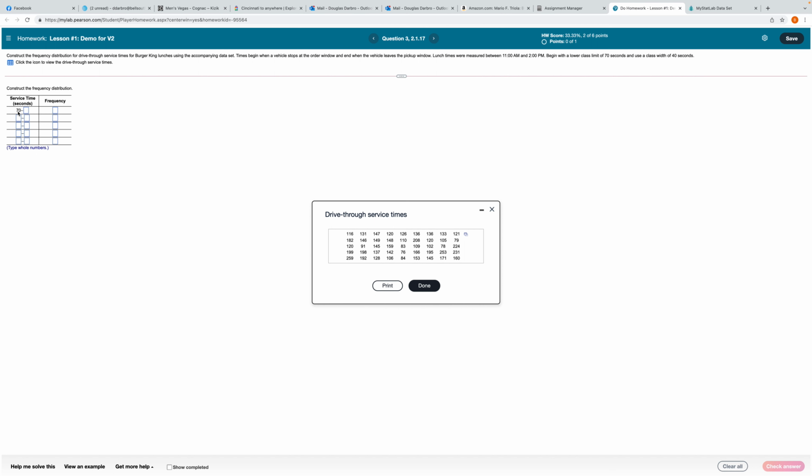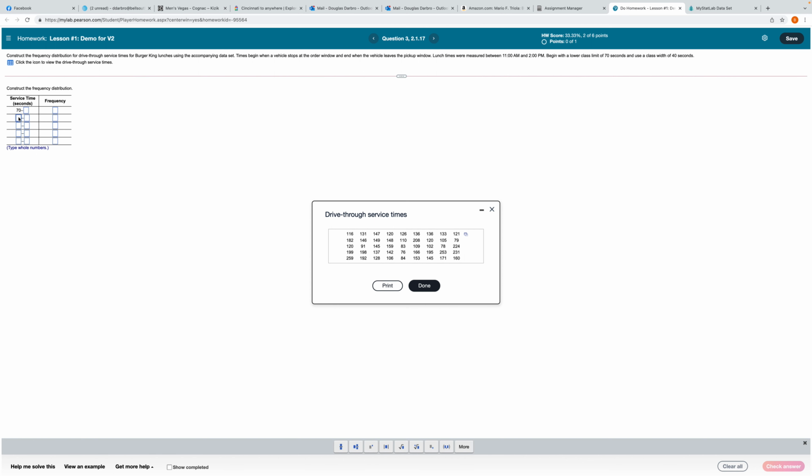Class width of 40 doesn't mean that I go from 70 to 110. It means I increase from the left endpoints by 40. Now, this service time, if it goes from 70 to 110, then this would have to go up to 109.